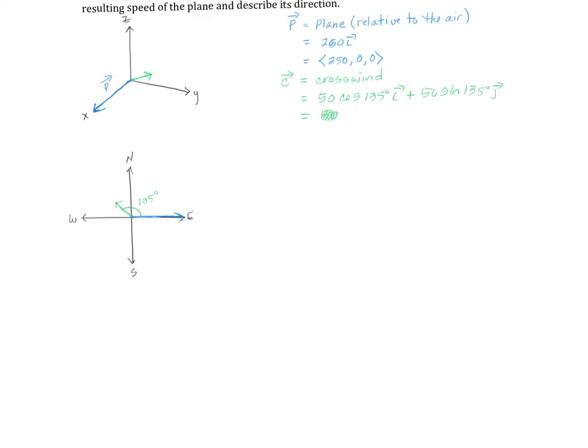So if cosine of 135 degrees is negative square root 2 over 2, this becomes negative 25 square root of 2 i. And then it's going to be a plus, sine of 135 is positive square root 2 over 2, so plus 25 square root of 2 j. Or using vector brackets, it's going to be negative 25 square root of 2, comma, positive 25 square root of 2, comma, 0, because we're in three-dimensional space.